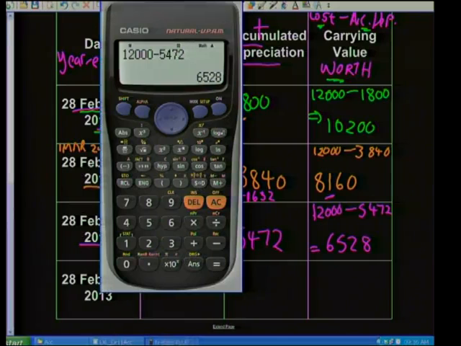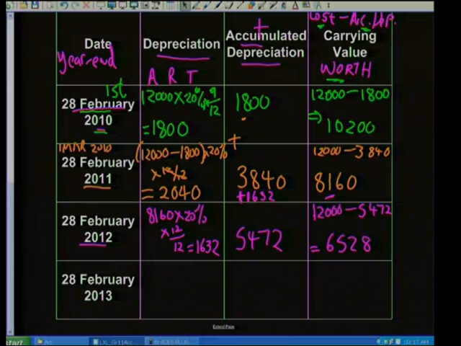Okay, I'm sure you guys are getting the hang of this now, and all the concepts that you did in grade 10 are obviously coming back. Right, let's now look at the final year calculation, which is 28th of February 2013. So we now are looking at the 4th year. Again, depreciation, we're taking our cost minus accumulated depreciation, or carrying value.